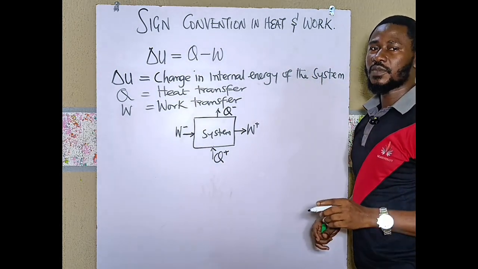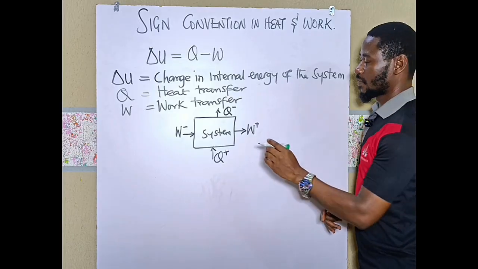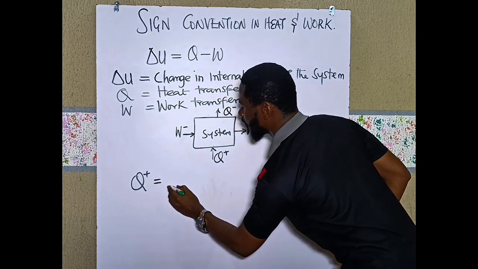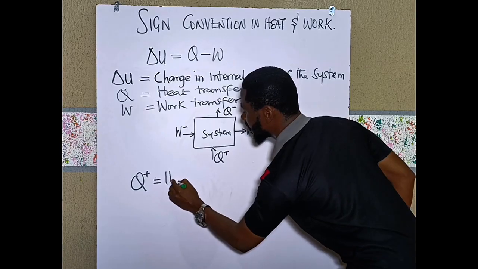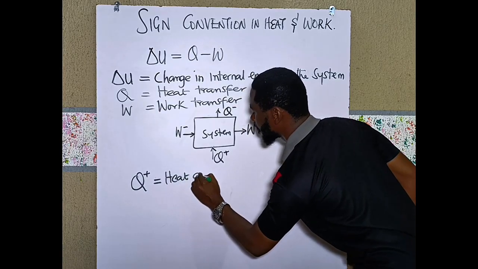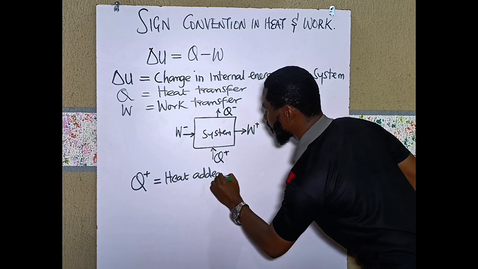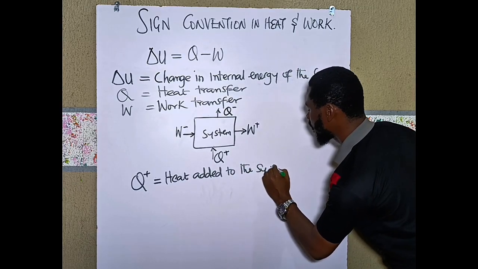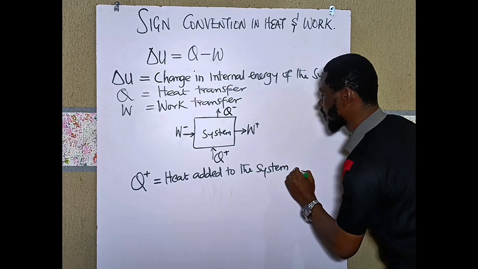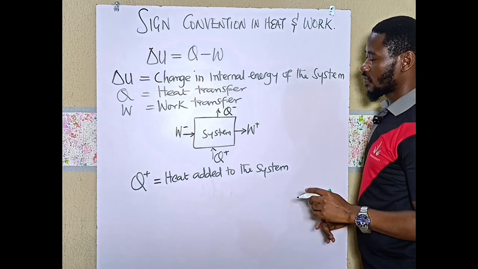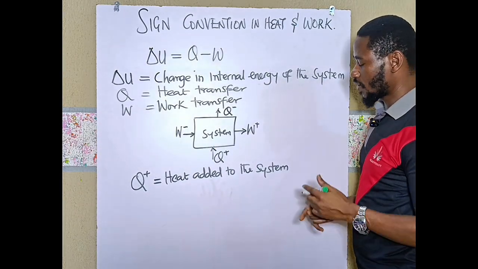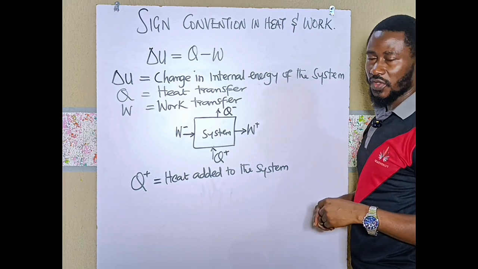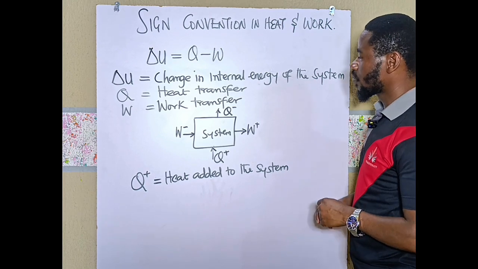Q positive simply means heat is added to the system from the surroundings, or in other synonymous forms, it can also be referred to as heat input into the system or heat supply to the system.